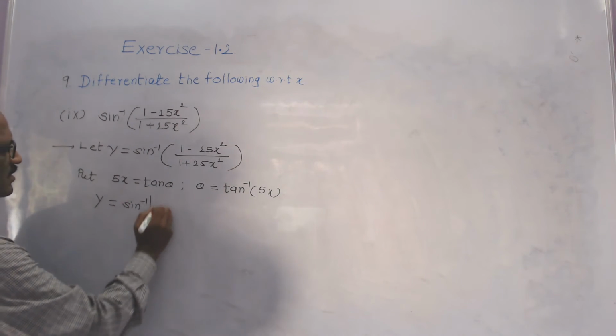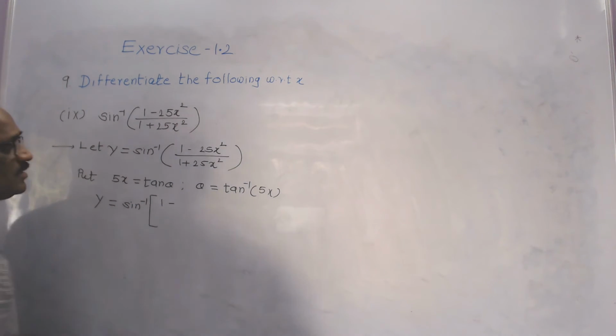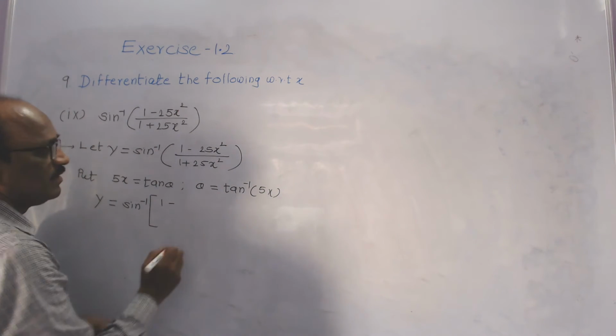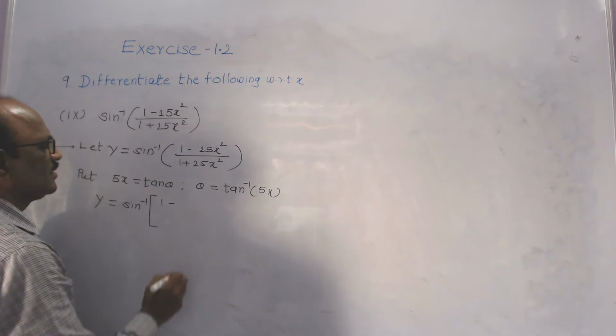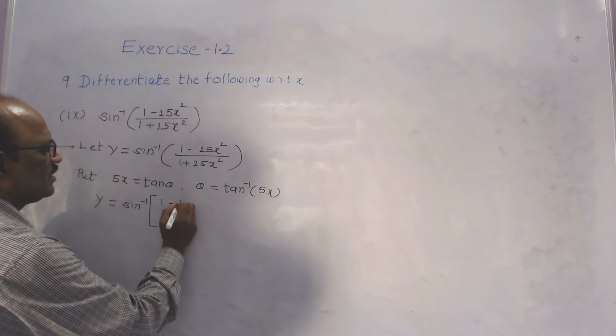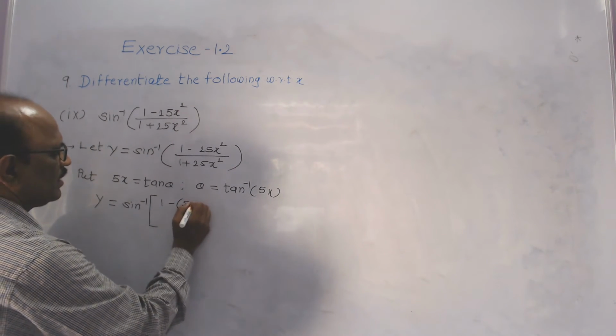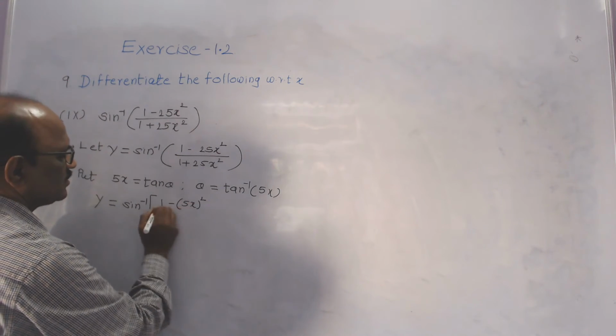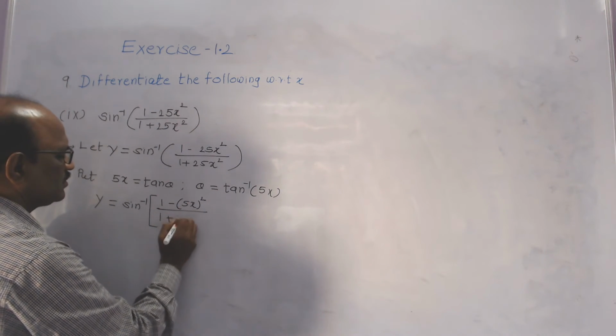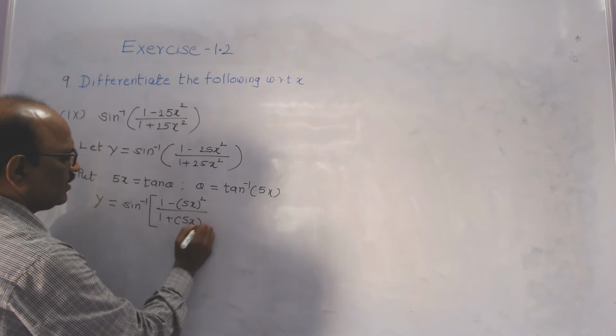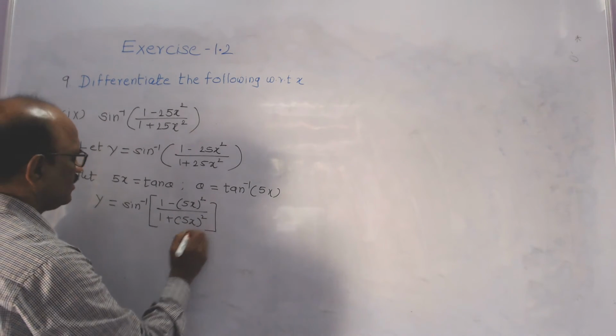And therefore y is equals to sine inverse of (1 minus 25x square) means what? (5x) bracket square, and that is nothing but, here I will write, (5x) bracket square upon (1 plus (5x) bracket square).